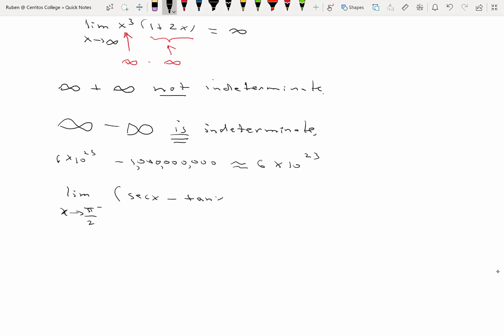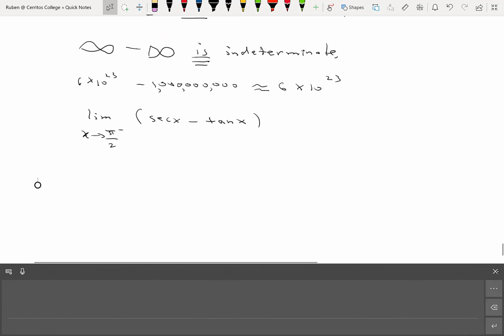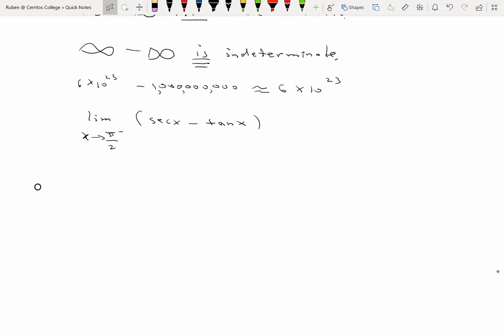The amount of trig that we're going to see in this course is about to explode in the next few sections, so we might as well start getting some trig in there. We're going to see trig come back in this course like never before. So let's let x approach pi over 2 from the left and see what's happening with secant, and see what's happening with tangent.